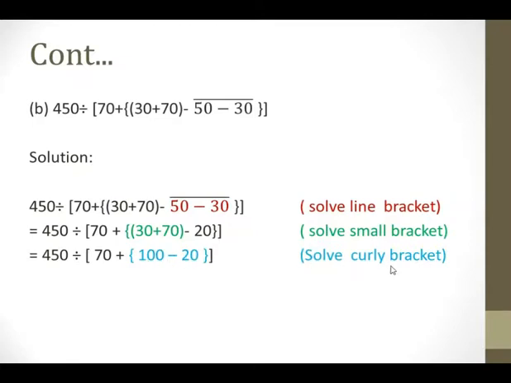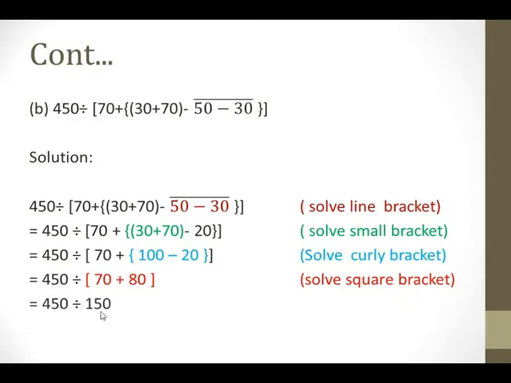Now we will solve the curly bracket. In the curly bracket 100 minus 20, so we will get 80. Now we will solve the square bracket. So 70 plus 80 is 150. So 450 divided by 150 and we have got 3. So this is the pattern of solving the brackets. The line bracket we have taken first, then we have solved the small bracket, all numbers in the small bracket, then the curly bracket and then the square bracket. Clear?